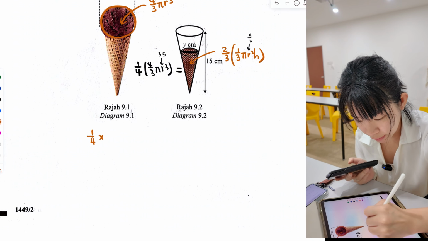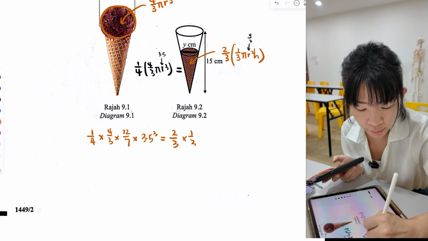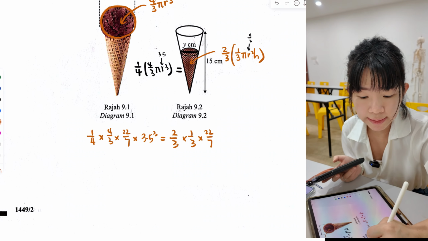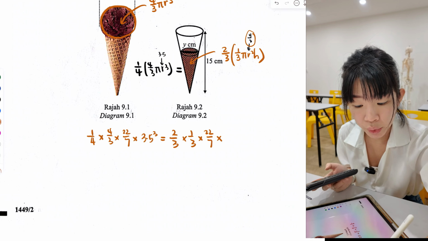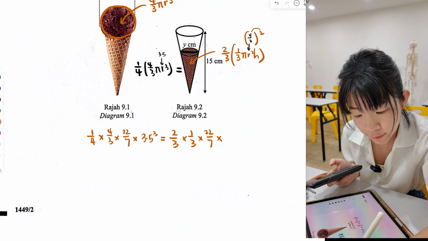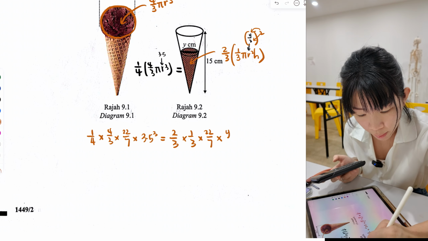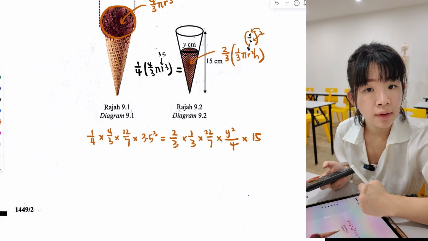So 1/4 times 4/3 times pi, 22/7, r is 3.5 cubed, equals 2/3 times 1/3 times pi, 22/7. The r is y/2, correct? So r squared, this whole thing needs to be squared, so the square needs to be given to y and 2. So here I put y squared over 4 times h, which is 15.